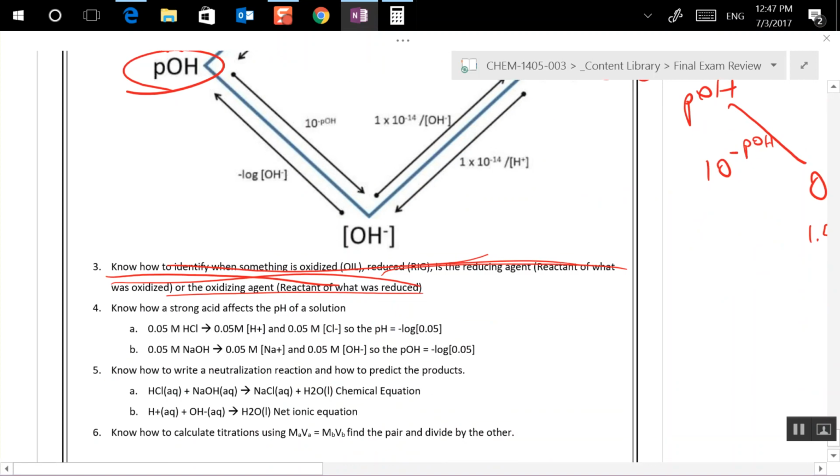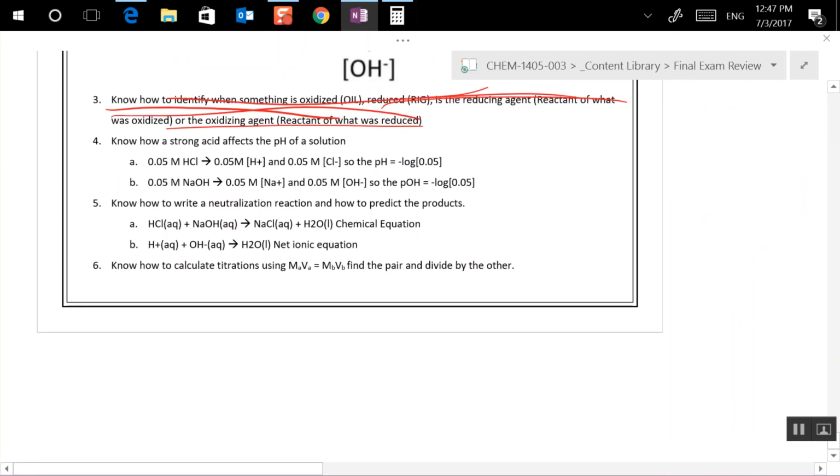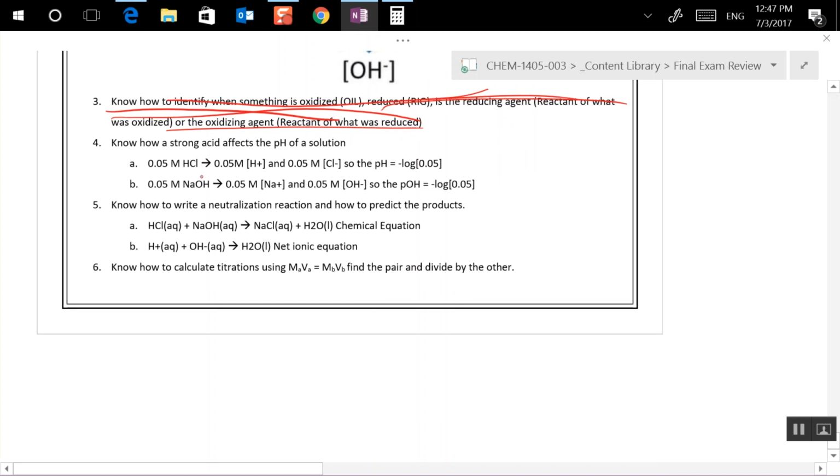Why? Because HCl is a strong acid, right? Single arrow, meaning here it's 0.05 molar HCl, so I'd have 0.05 molar H plus and 0.05 molar Cl minus. So to find the pH, I would take the negative log of 0.05 of that HCl solution, correct?